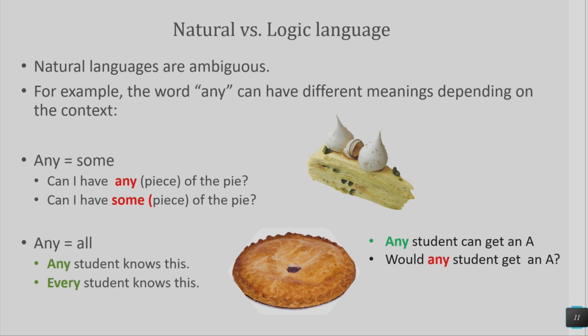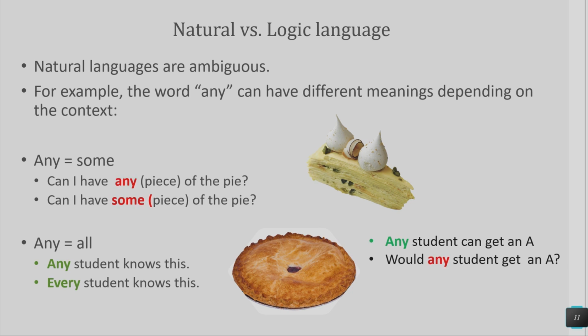You would interpret my words as, okay, here is one piece, and it doesn't matter which one from the pie. On the other hand, if I say, any student in my class can reason logically, any student knows this, what I mean is every one of you knows this. I don't mean just give me one student who does.